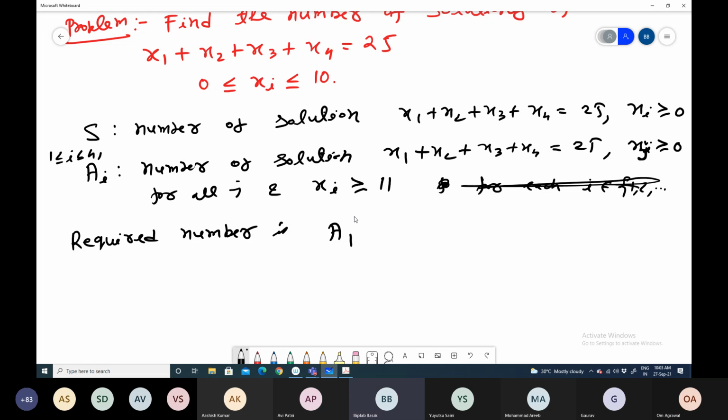Then the required solution is A1 complement intersection A2 complement intersection A3 complement intersection A4 complement. So this is the required solution. Is that clear to everyone?